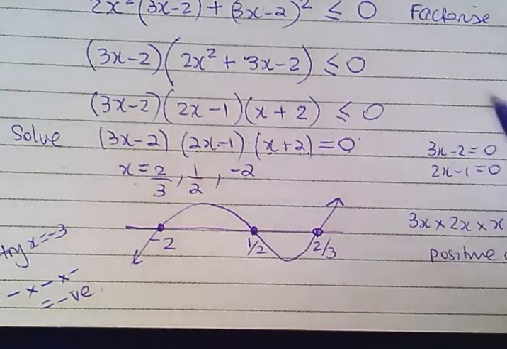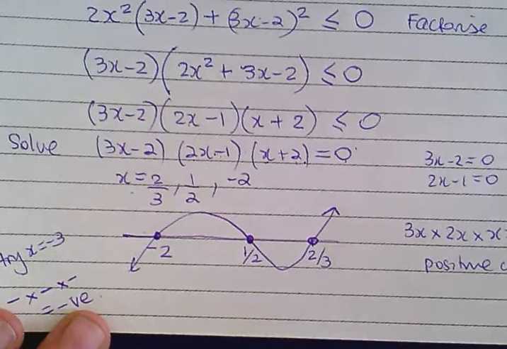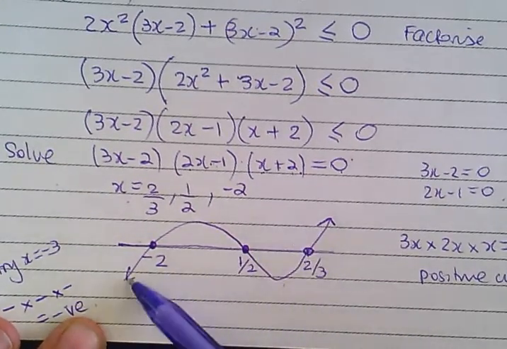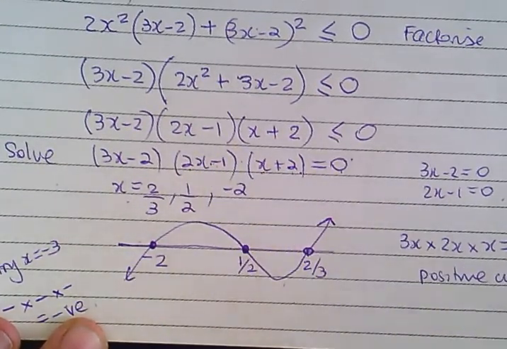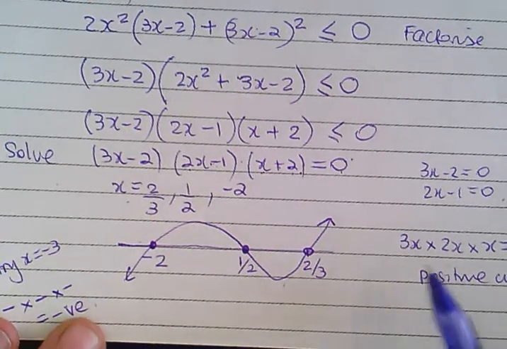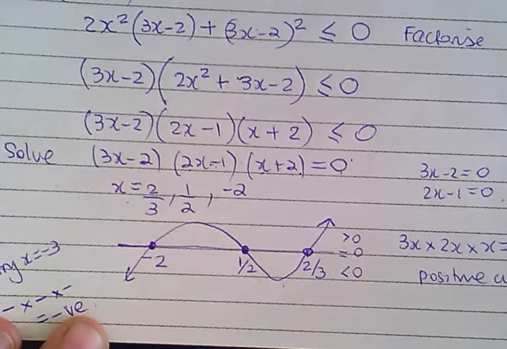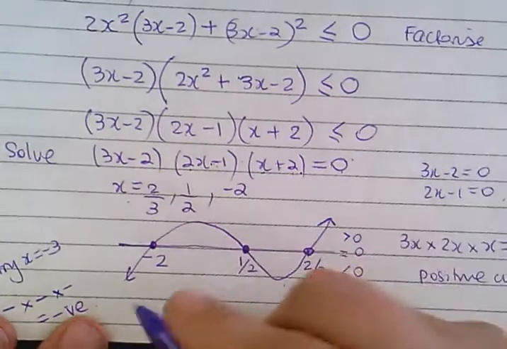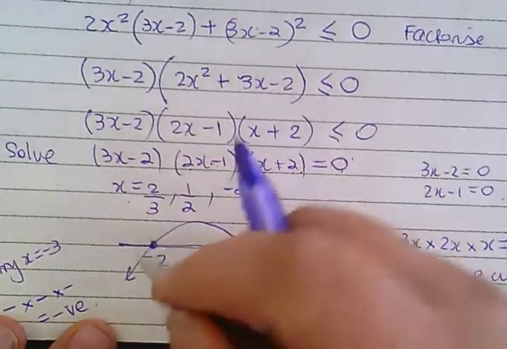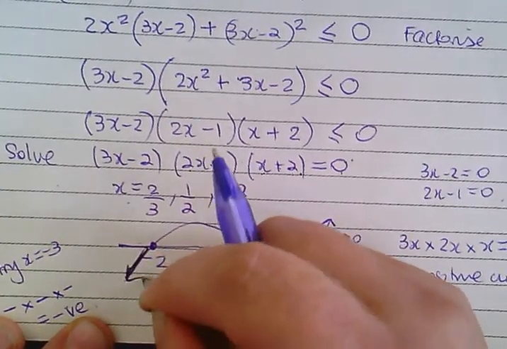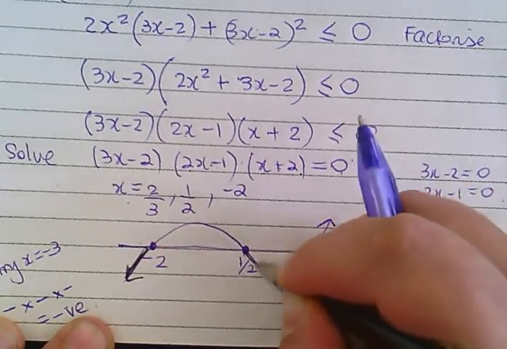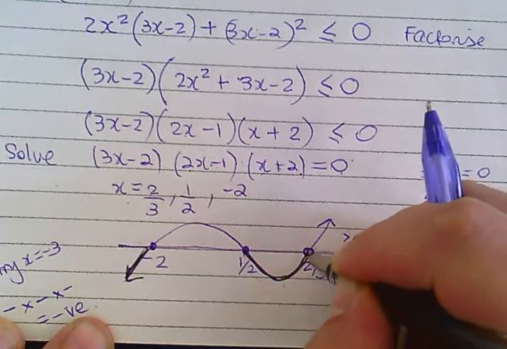Now, let's look at the solution. I've put a circle around 2/3 because x can't equal 2/3. I'm looking for, where is this graph, below or above the line? Remember, this is above the line, this is below the line, this equals the line. Where is the graph below the line? What's my solution? Less than or equal to -2, and here. Do I include 2/3?